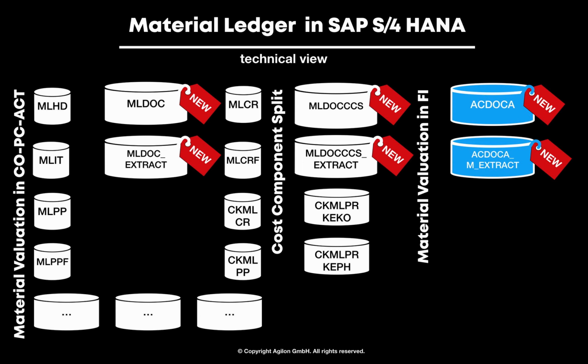ACDOCA table: the Universal Journal stores material ledger total records, which have been previously stored in tables CKMLPP and CKMLCR, as well as in MM tables BEW and BEWH.